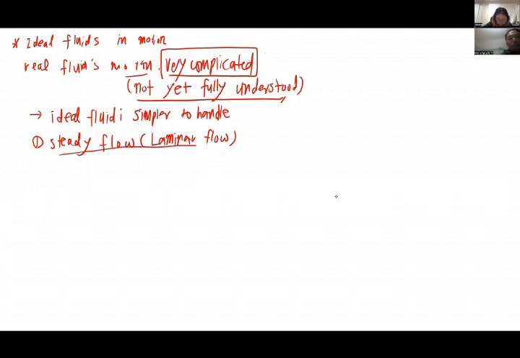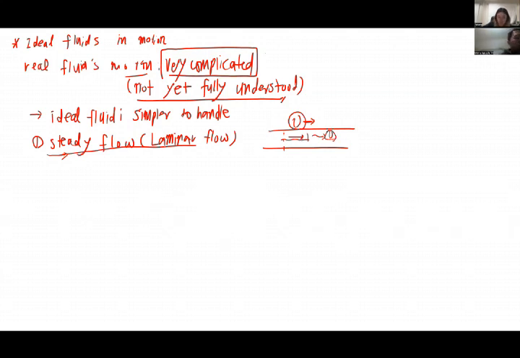Basically, we consider the condition where the fluid moves with constant velocity, which means the instantaneous velocity of the fluid is the same as the average velocity at a certain point. That makes the problem much simpler, so we don't need to look at the localized velocity elements in the volume.